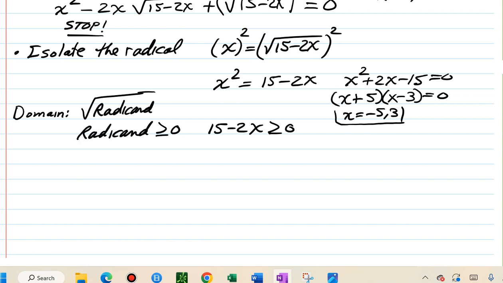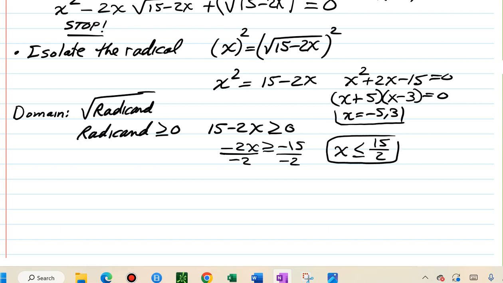Now if I subtract 15 from both sides, and remember, adding and subtracting on an inequality doesn't change its direction, then divide by negative 2. If I divide or multiply by a negative, we have to change the direction of the inequality.